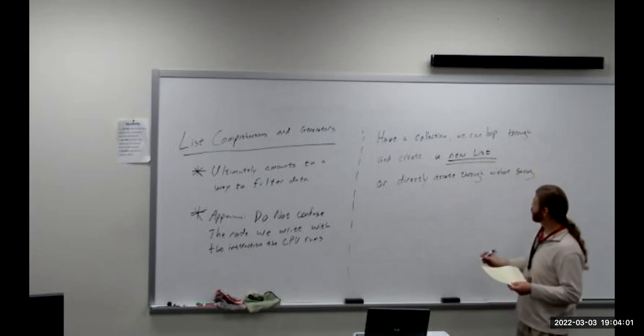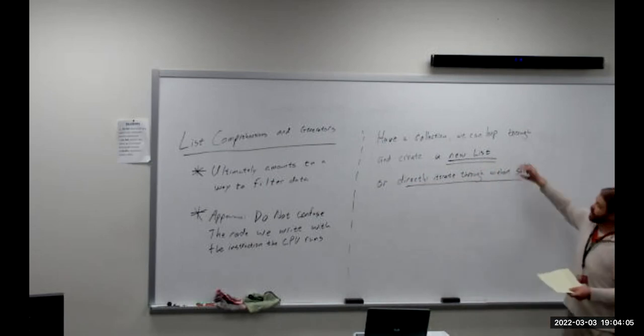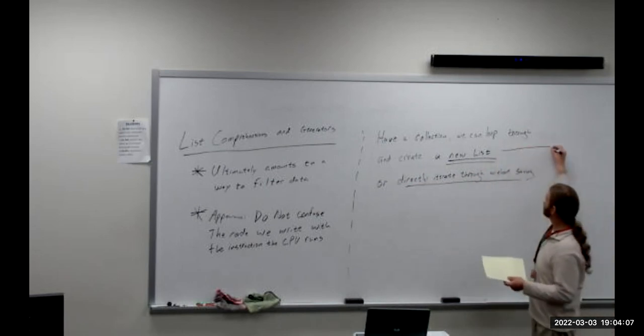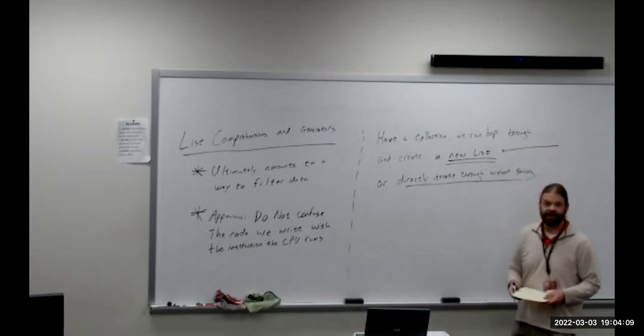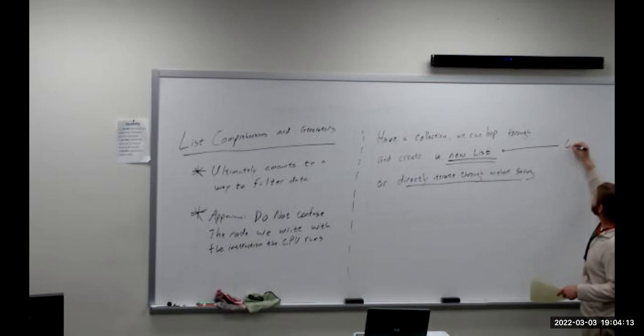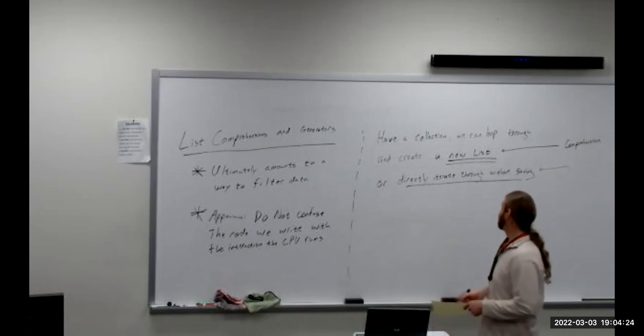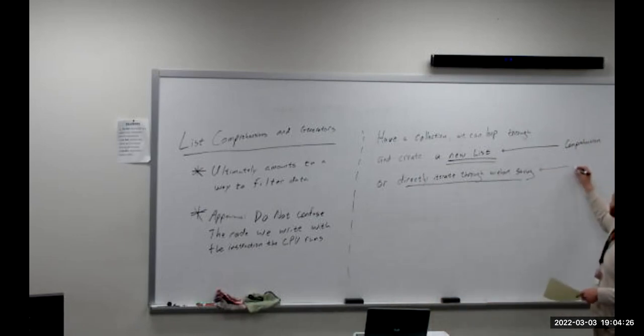Yeah, I'll underline that again. So when we do this and save our list, we're gonna call that a comprehension. When we directly iterate through it and don't save it, that's a generator.